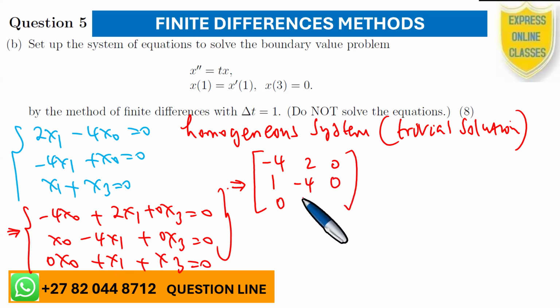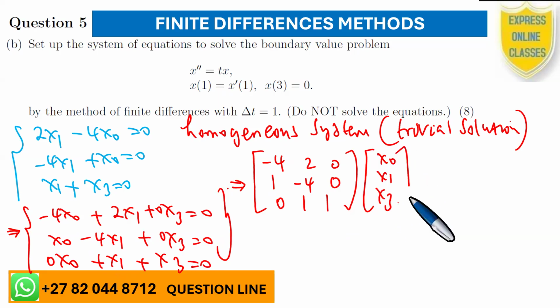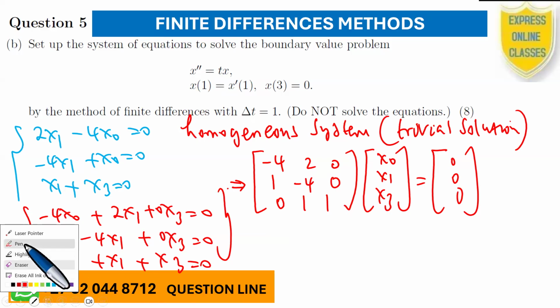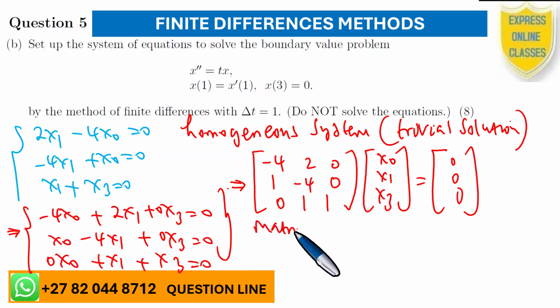Then you have 0, 1, 1, times x0, x1, x3, equals 0, 0, 0. So you're going to have this. It's a system. This is the matrix equation.